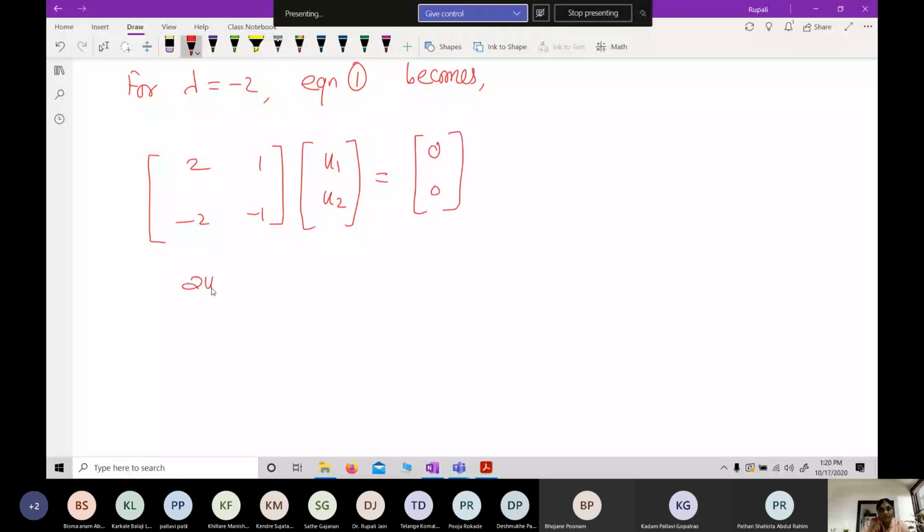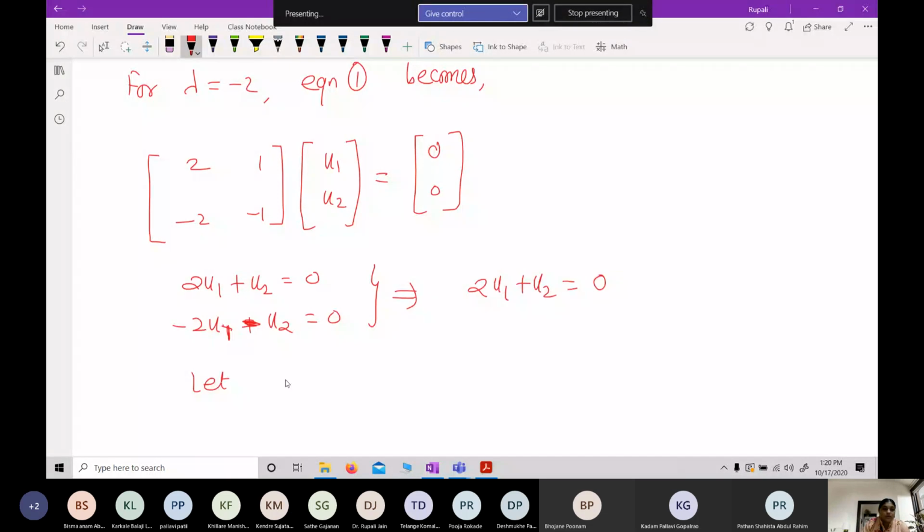Just solve this. 2u1 plus u2 is equal to 0. Second, minus 2u1 minus u2 is equal to 0. So both imply only one equation: 2u1 plus u2 is equal to 0.